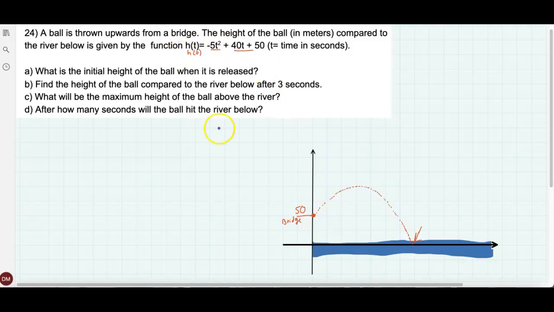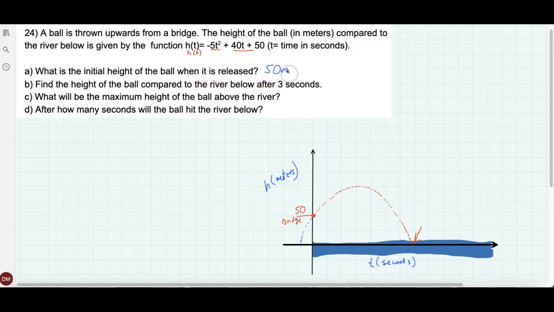Not that this matters, but quadratic-wise, we might come across some values here. Of course, this would be a negative time. So this is time in seconds, and the height here is h in meters. So we're at 50 here, and let's forget about the scale part. The initial height when the ball's released, we know that's already 50 meters.